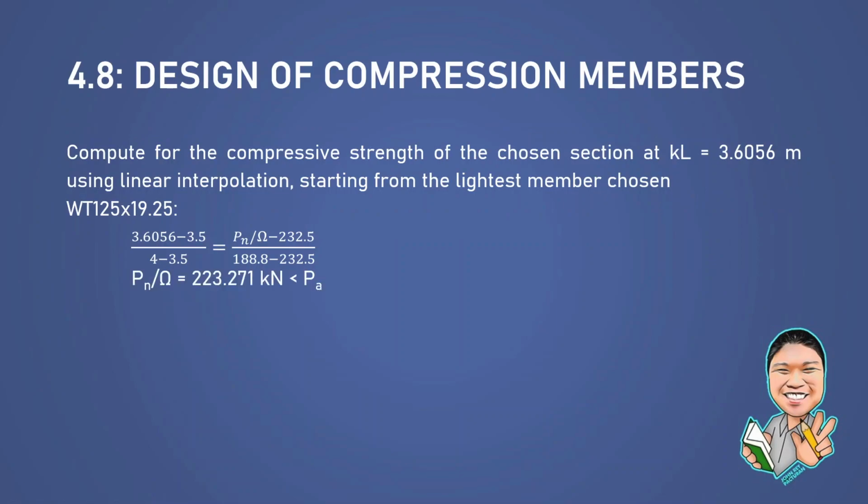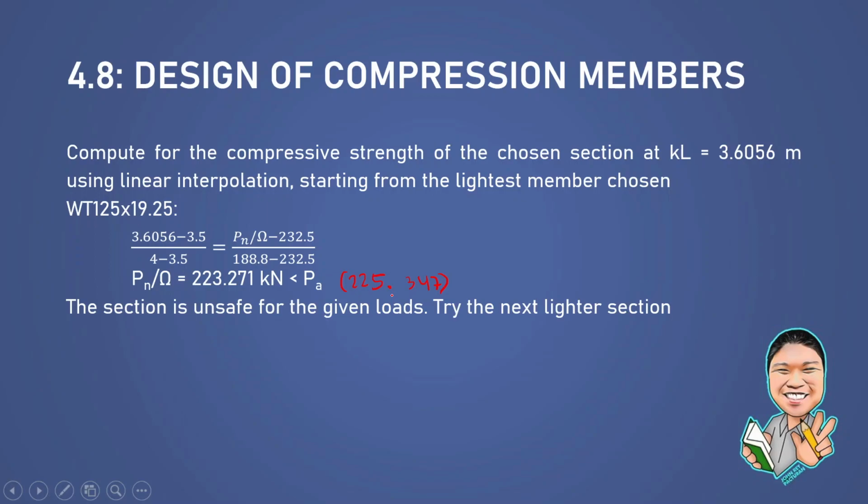So, in that case, that is 223.271. Unfortunately, class, that is less than PA, di ba? Sobrang liit niya. Hindi naman siya kasi 'di ba yung PA natin is 225.347. So, dahil mas maliit siya, therefore our section is unsafe for the given load.